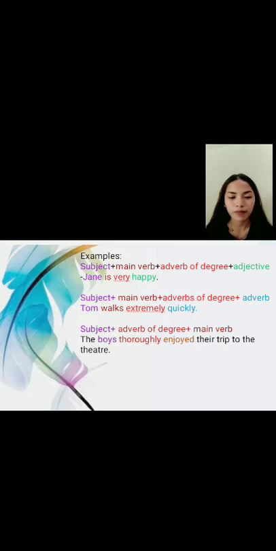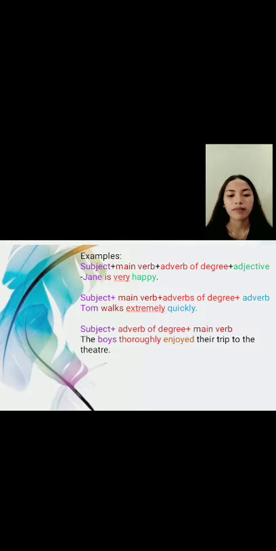So next, subject plus adverb of degree plus main verb. So example, the boys thoroughly enjoyed their trip to the theater. So thoroughly is the adverb of degree, while the boys is the subject, and the main verb is enjoyed.